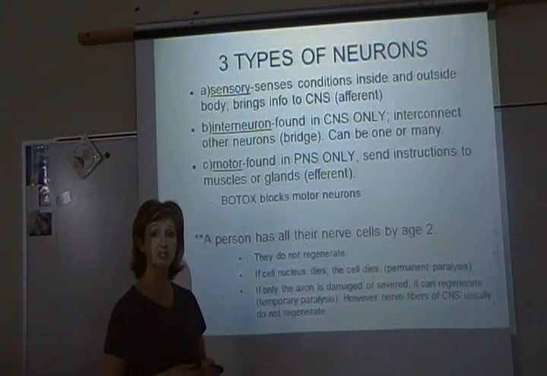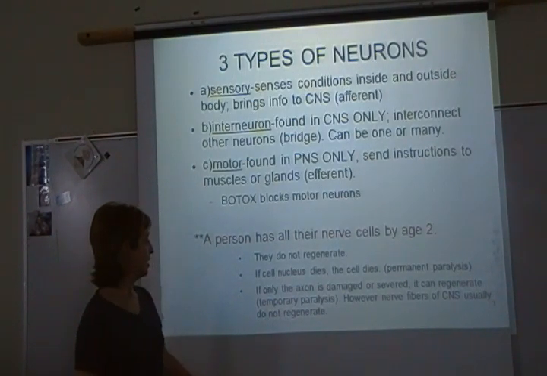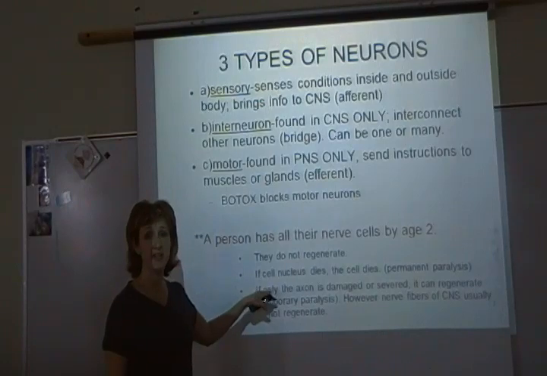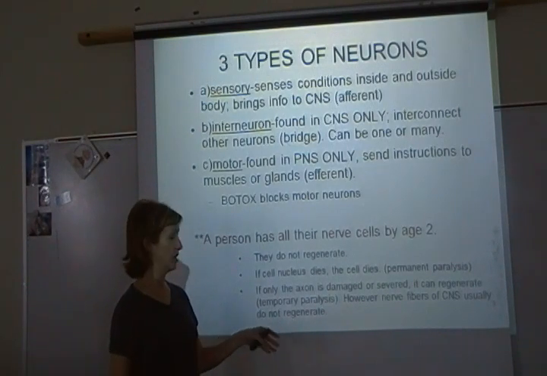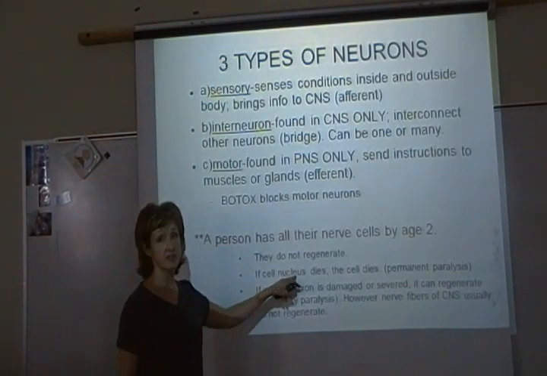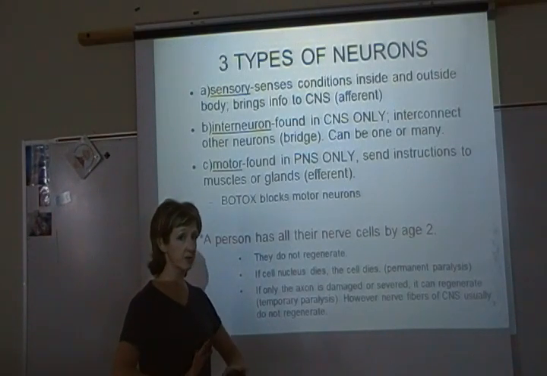In injuries, especially spinal cord injuries and other types of nerve injuries, if the cell body dies, that cell cannot grow, it cannot regenerate, or if the nucleus in particular dies, that cell is done and there's not going to be any other nerve cells to replace it.